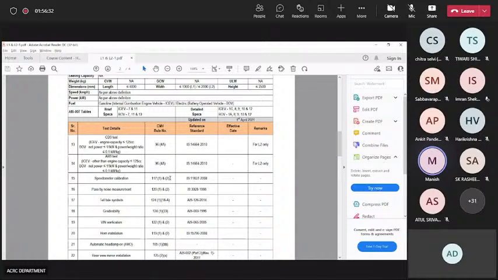After that comes the VIN verification. VIN is basically the vehicle identification number. You may know the chassis number, which is something we see on all vehicles. Every vehicle manufacturer has a WMI, World Manufacturer Identifier.